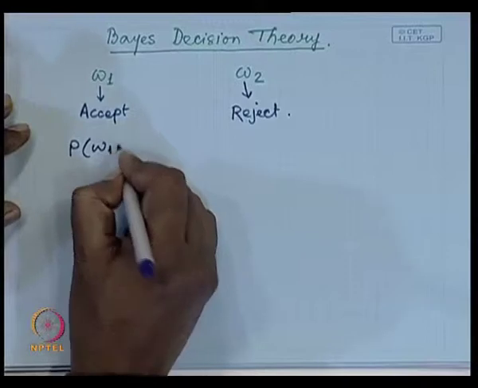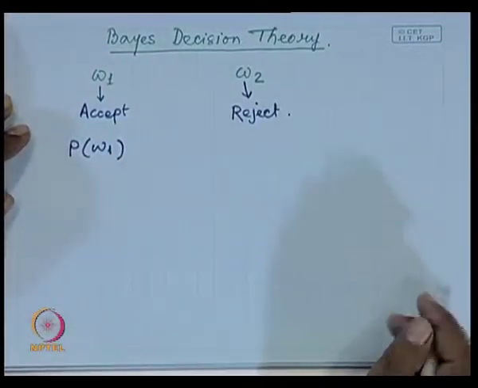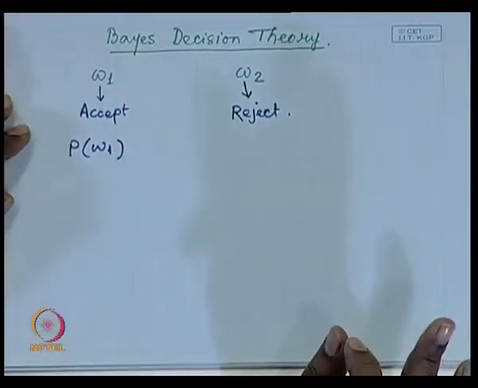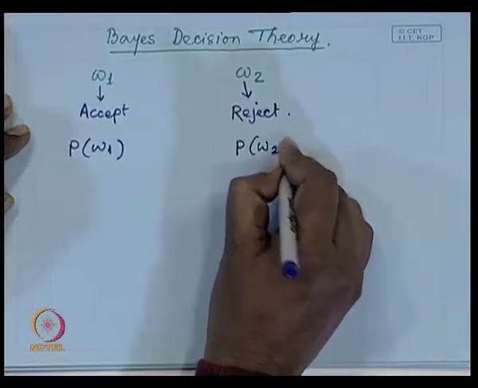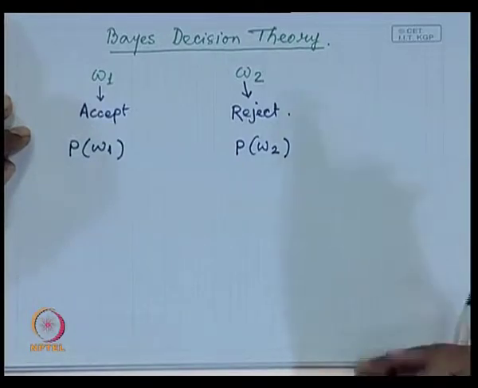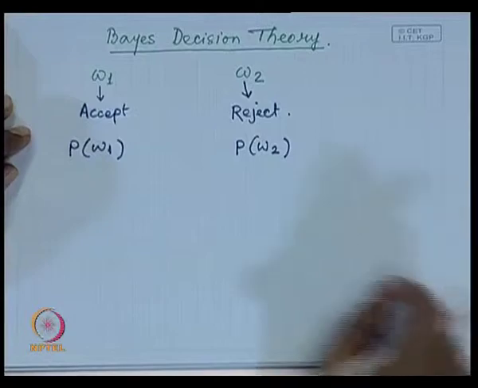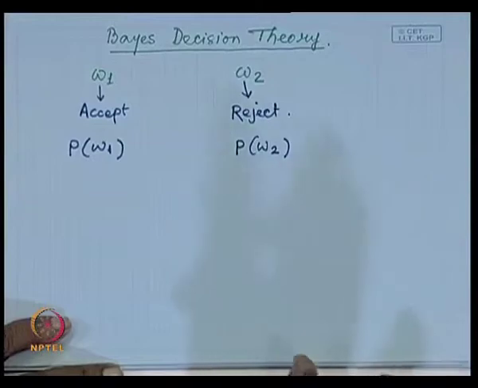One is p omega 1, the probability that the object will be accepted, or the probability that the object belongs to class omega 1, and the other is p omega 2, the probability that the object will be rejected, or the probability that the object belongs to class omega 2. Once I have these two probabilities, I can form a very simple decision rule.